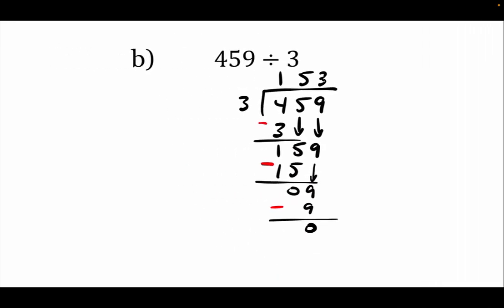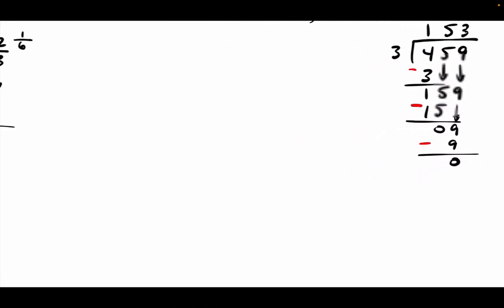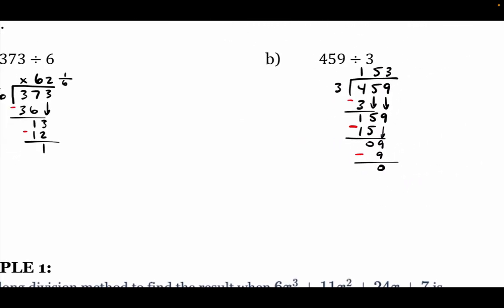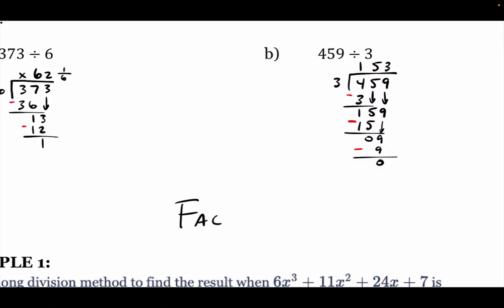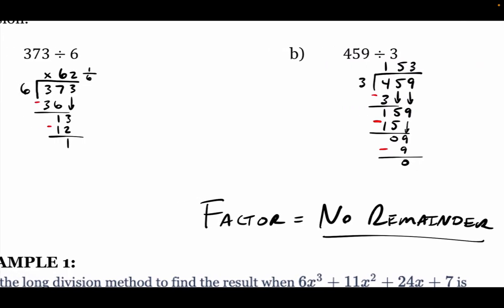No remainder. So let's write that down because they're going to ask us today, is it a factor? The way we know things are factors, factor equals no remainder. If you get no remainder when you divide, it's a factor. So 3 is a factor of 459, but 6 is not a factor of 373.